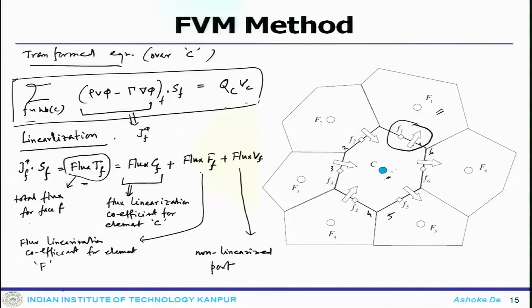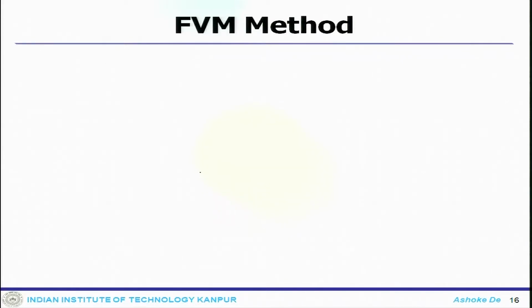Okay. Now, if I essentially write down that equation which is going for this element dot S_f, this would be nothing but my total flux.